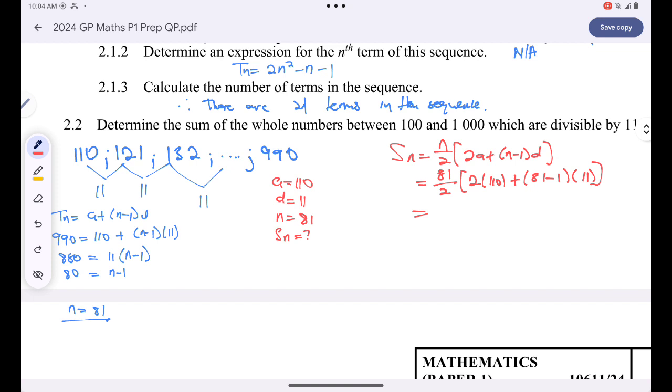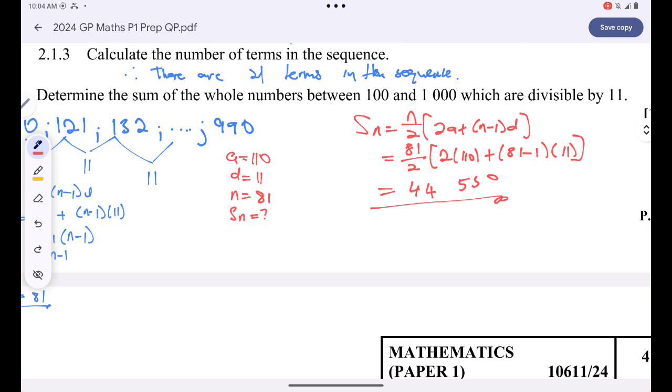So the final answer, guys, will be 44,550.